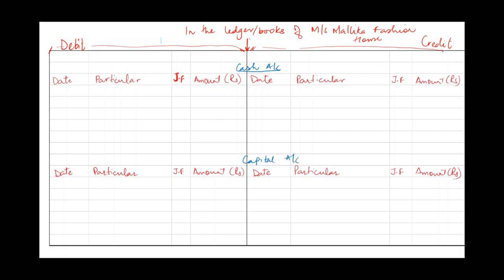Okay, so I'll pass the first entry. This is for the year. Okay, you can say for the month, it is actually for the month of June 2005. Okay, I start. So cash account and capital account.